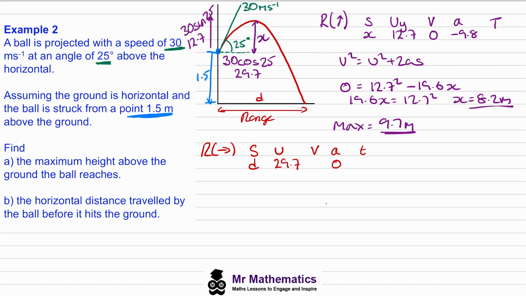Okay, so at this point, we can't really go any further until we work out this time. But we know the time it takes to travel here is the same as the time it takes to travel this way. So we can work out the time by resolving vertically upwards again. So resolving vertically upwards to find t, we know the displacement from here to here will be negative 1.5.